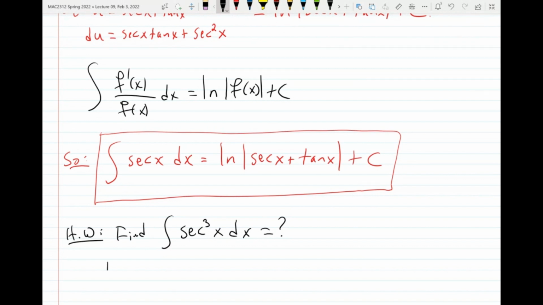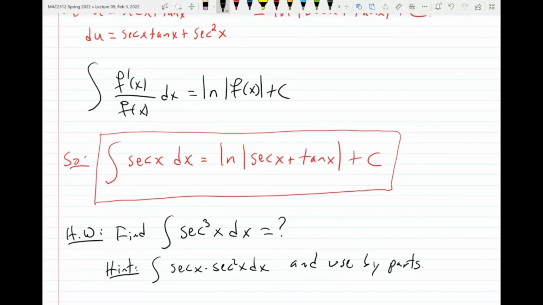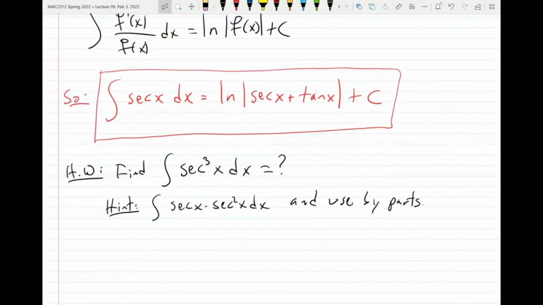Hint: write it as secant times secant squared and use integration by parts. Notice that the easier one to integrate here is secant squared. So use by parts by making u be secant and dv be secant squared. And see where it leads you.